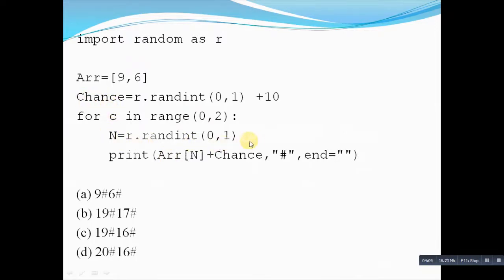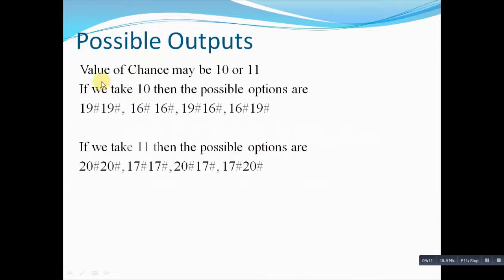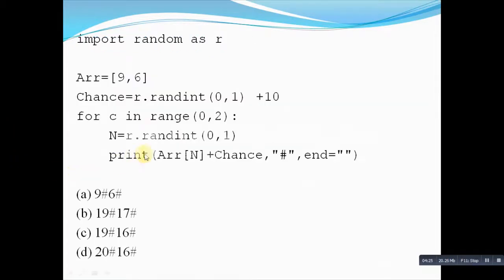We will see. The value of chance may be either 10 or 11. If we take 10, then the possible options are 19 hash, 19 hash. Why 19 hash, 19 hash? In the sense that if the value of n in both cases, in 2 times, generates 0, it gives 19 hash twice.